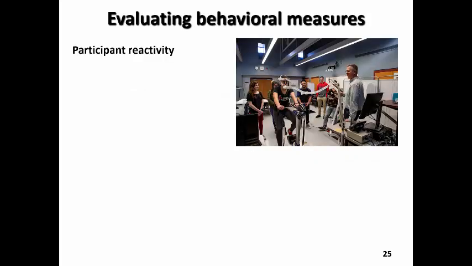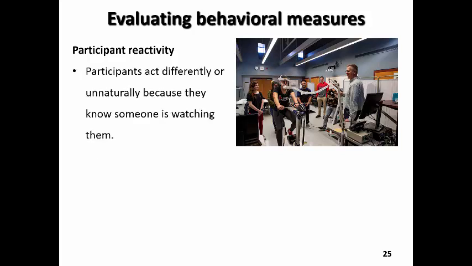Other considerations when making research measurements from participants includes what's called participant reactivity. In this case, we need to be aware that people do act differently or unnaturally because they know someone is watching them. And that's what's illustrated here on this photo. Here we see a person undergoing an exercise test and they're being measured for physiological variables.